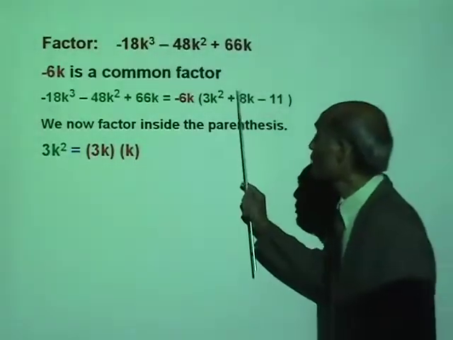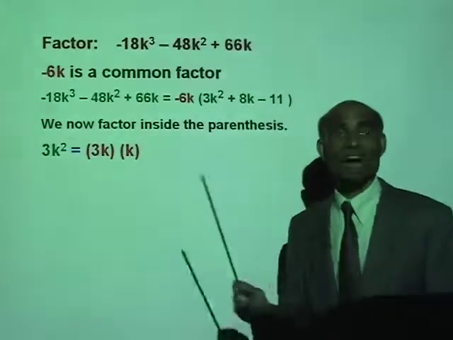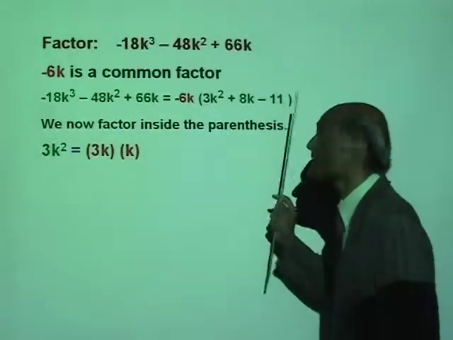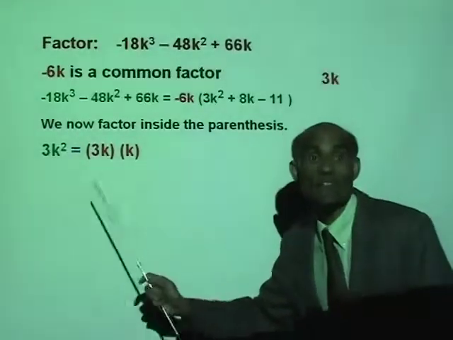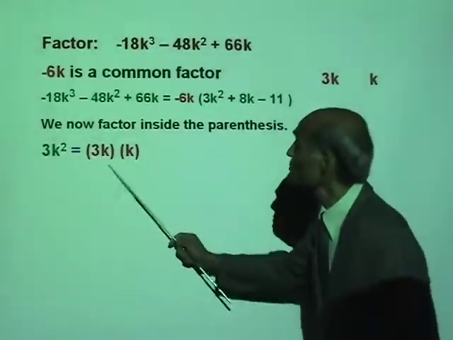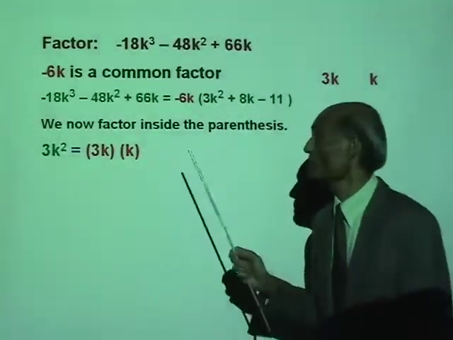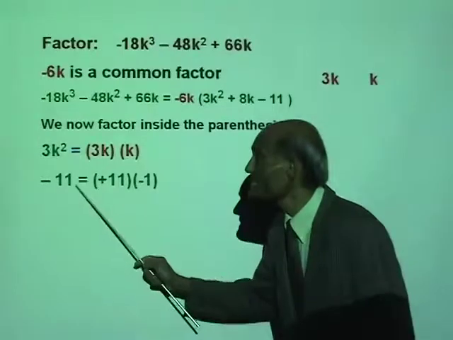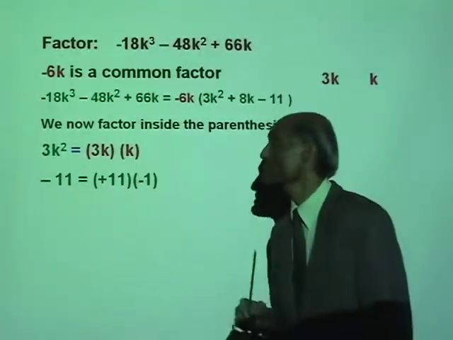Well, because we need to get a positive 8k, I need to factor negative 11 as positive 11 times negative 1. First, let's write 3k and k as we normally do. And now, factor negative 11 as positive 11 times negative 1.